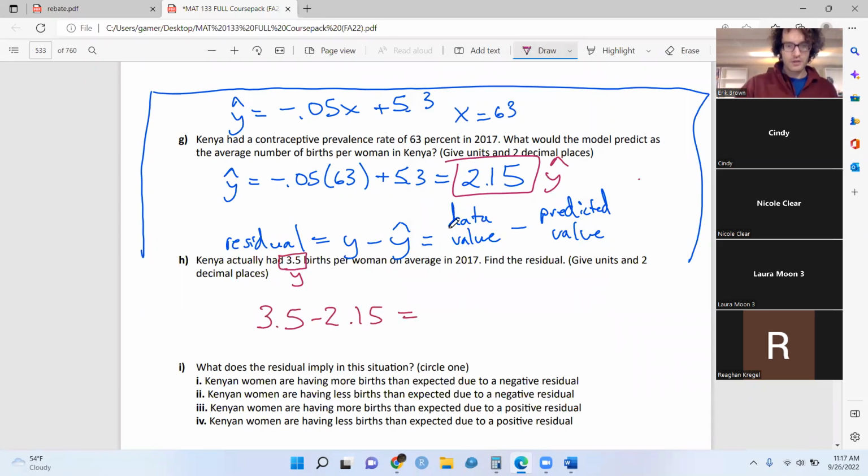Misty, you crushed it. That is 1.35. By the way, notice you have to have those two values. And whenever we do this problem, we're always going to ask it this way. We're going to have you predict something using the model.